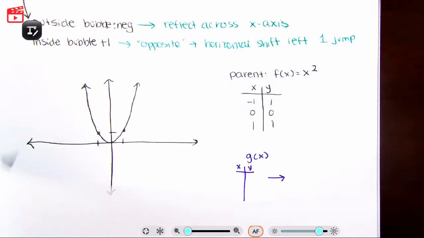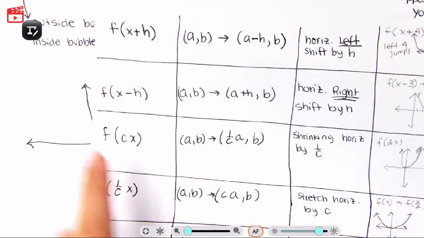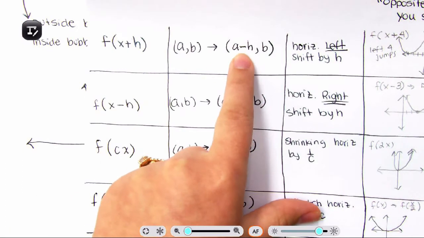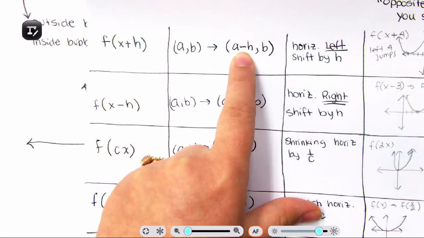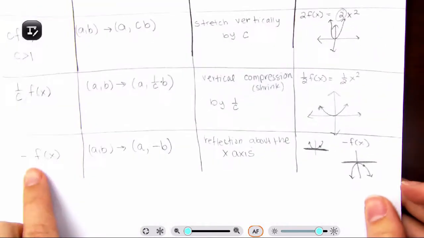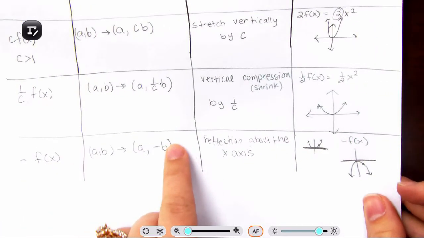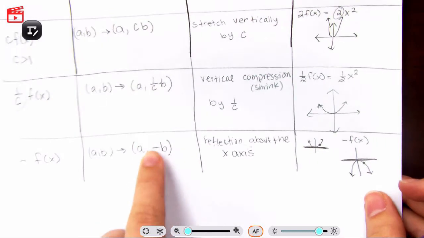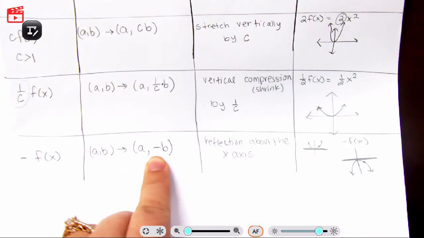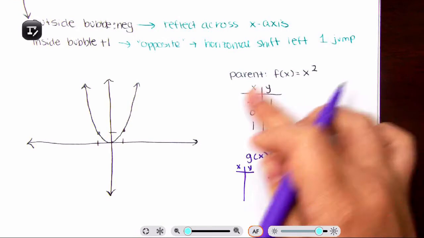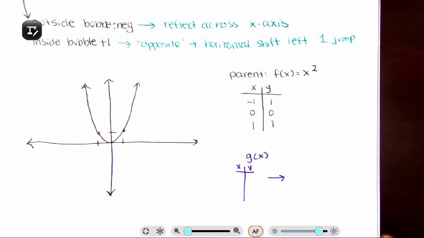So I'm looking for inside the bubble. There it is, inside the bubble. I have a plus, so that means I am subtracting h from my value. And then I have outside the bubble. Outside the bubble, that means I am flipping it. So you can do this with your actual numbers. However, I think it's easier if you just use your pretty points and shift it that way.